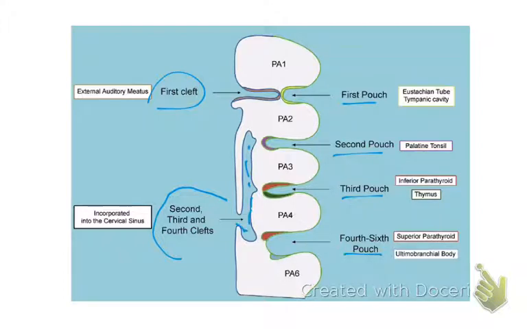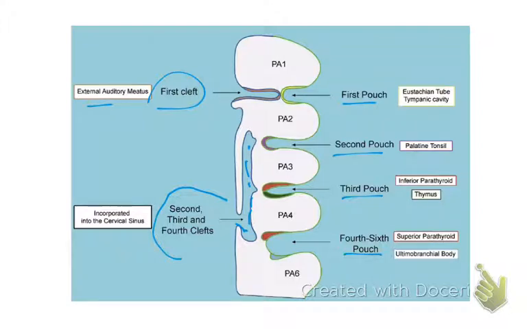So the first cleft is responsible for the external auditory meatus. The second, third, and fourth clefts are incorporated into the cervical sinus. Now in the pouches, remember that those pharyngeal pouches are important in the embryologic development.